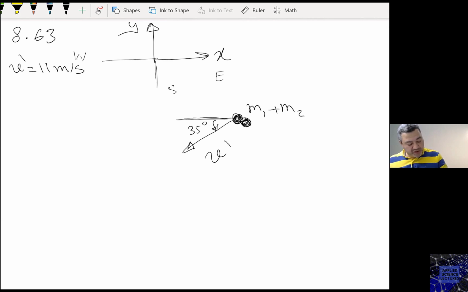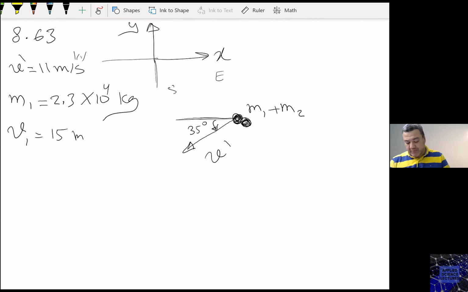Before the collision, one truck has a mass m1 of 2.3 × 10^4 kilograms and a velocity v1 of 15 meters per second at 51 degrees south of west.